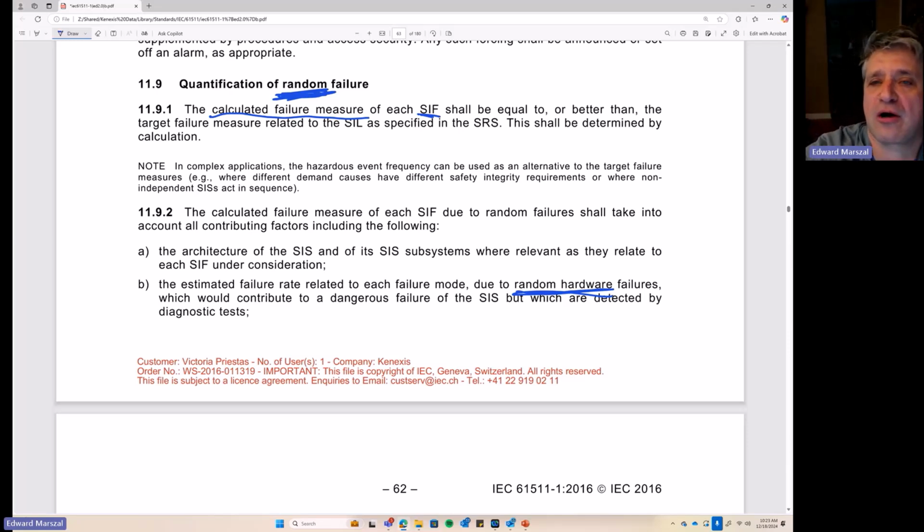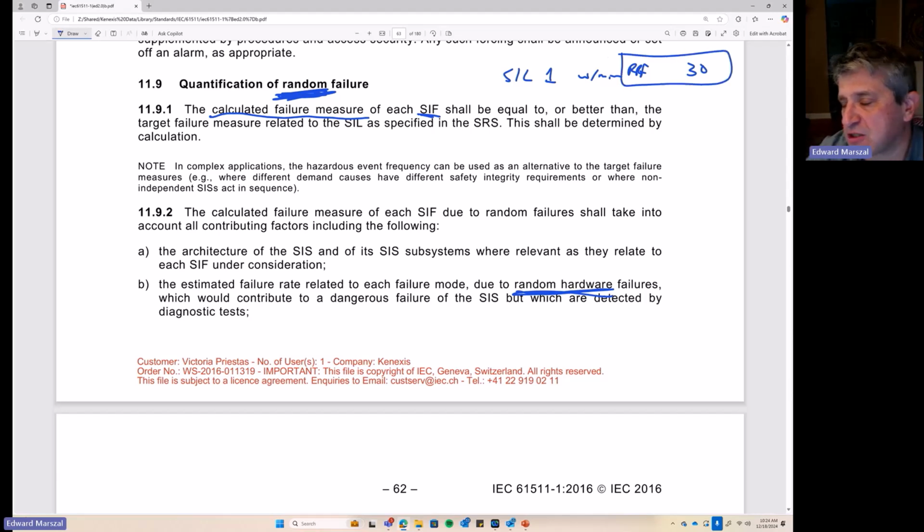So some of you are going to say, I'm trying to achieve SIL 1 with a minimum risk reduction factor of 30. So my calculated failure measure is a risk reduction factor of 30, not just SIL 1.